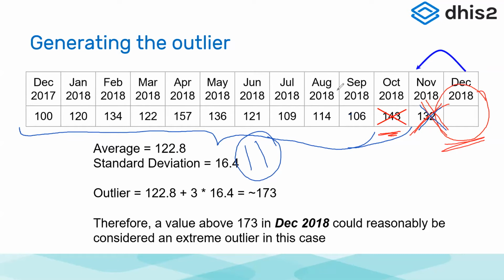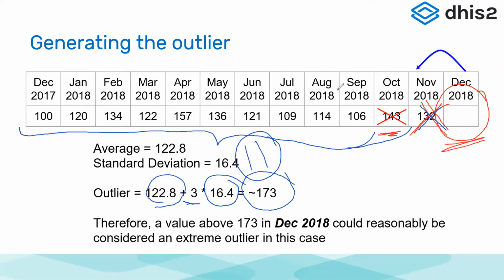So according to this example, the average is, can you calculate, 122.8. The standard deviation is 16.4. Then the outlier, according to our previous calculation, is the average plus 3 folds of standard deviation. So the outlier comes as nearly 173.